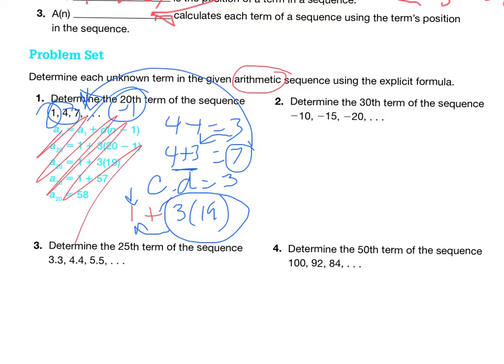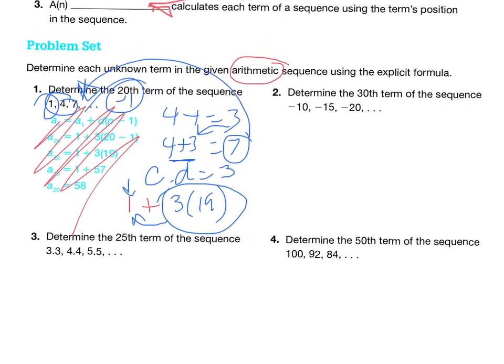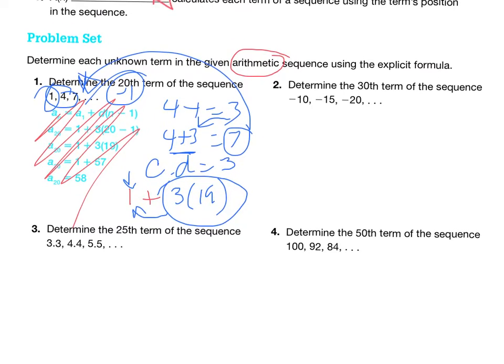So go ahead and do 2, 3, and 4. Pause it right here while you do those. Okay. I'm not going to do them for you. You can try them out yourself. The idea, again, is to find the first term, find the difference between these guys, and that's your D, okay?